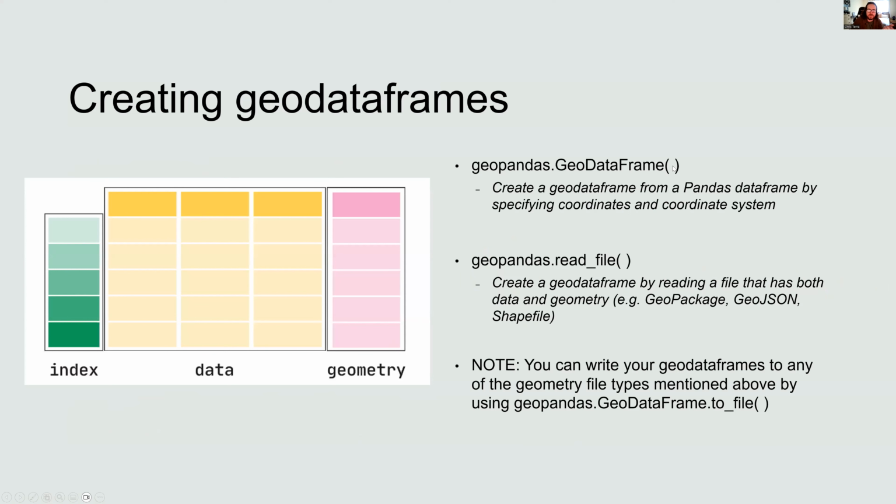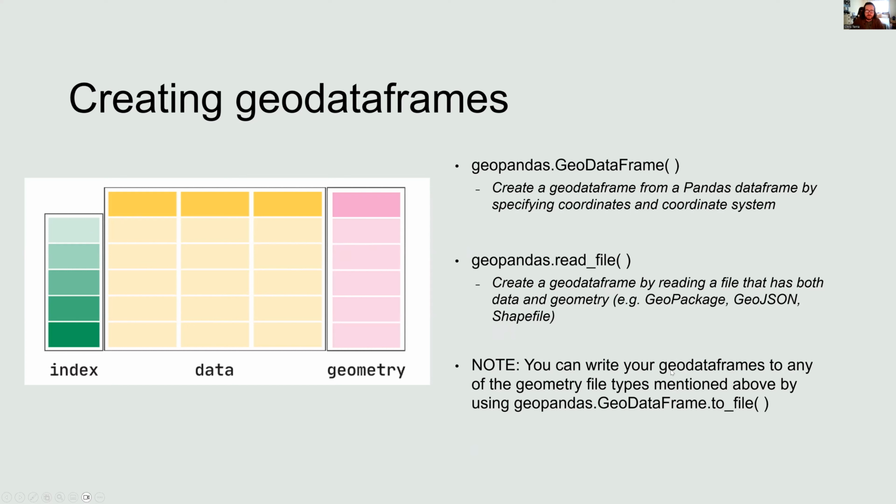If you know the data you want to throw in, you know the specific coordinate system, then you can create your geodata frame just based off of what you have, or you can read in a file such as a geopackage, a GeoJSON, or a shape file, since those have basically the same configuration where it has data and then geometry.